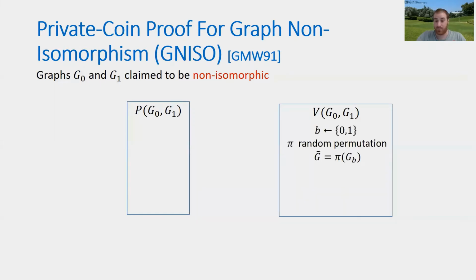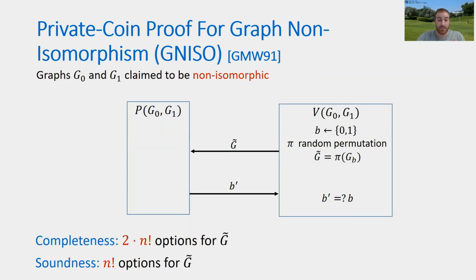The verifier chooses one graph and chooses a random permutation, permutes the graph that it chose, and sends that over to the prover. The prover needs to guess which graph was chosen by the verifier. The verifier accepts if the prover guessed the correct one.